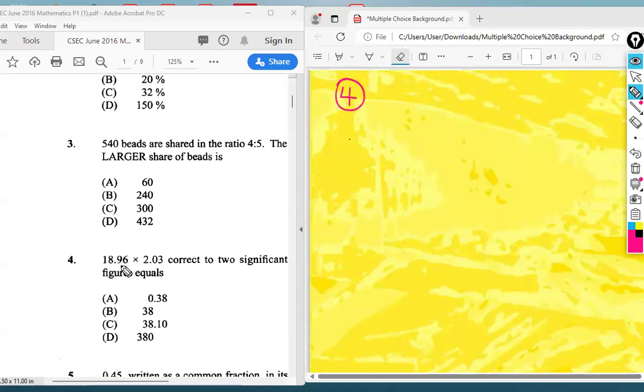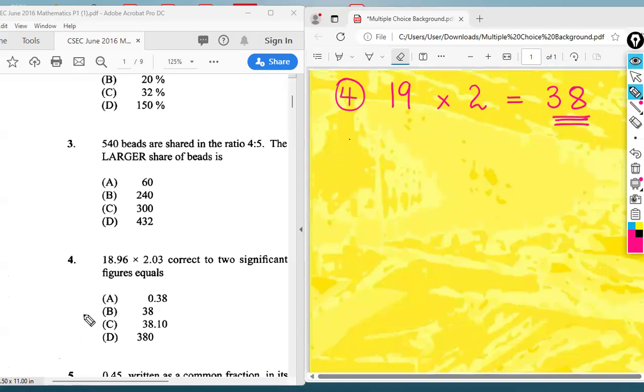18.96, isn't that approximately 19? That's almost 19. If you have $18.96, that's basically $19. And if you have $2.03, that's almost $2. So if you multiply these two now, you can do this one in your head for sure. 19 by 2 is 38. So you're looking for an answer that has close to 38.